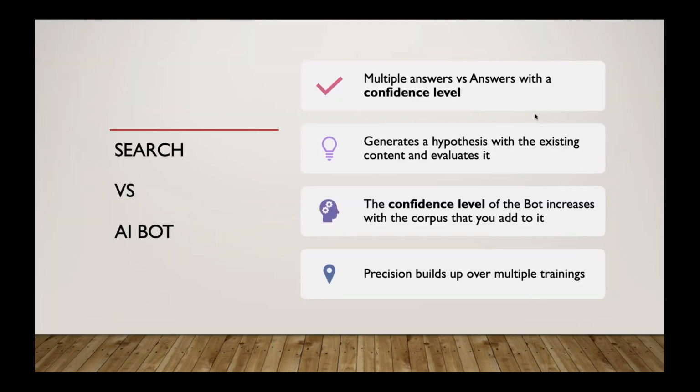So what a bot does is it evaluates multiple answers with a particular confidence level. It generates multiple hypotheses and then measures the confidence level in that. And when you train a bot, the more corpus that you add to it, the confidence level of the bot increases. So precision builds up over multiple trainings or multiple iterations that you feed a bot with.